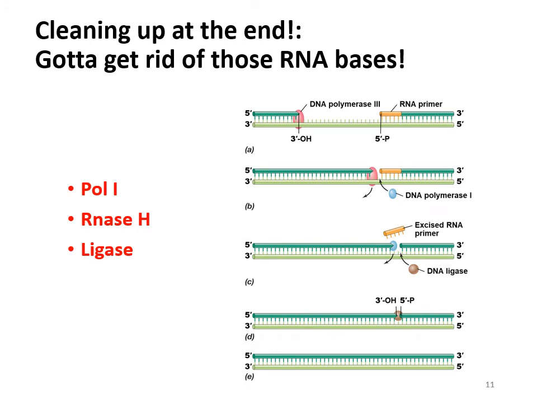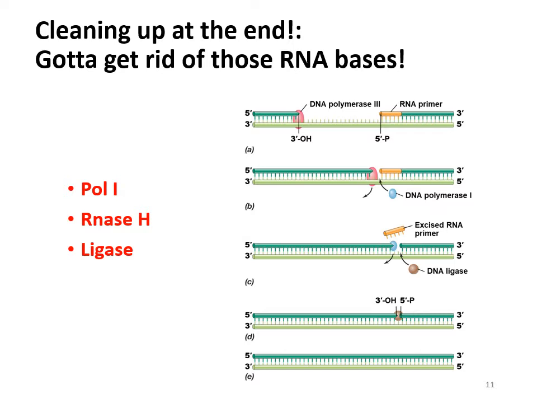Now that then leaves you with a problem at the end of DNA replication. Well, now you still have these little pieces of RNA in the double-stranded DNA. That's a problem because, as you already know, RNA has some different base composition than DNA. So RNA will have uracils in it, and it will lack any thymines, which would be a problem.